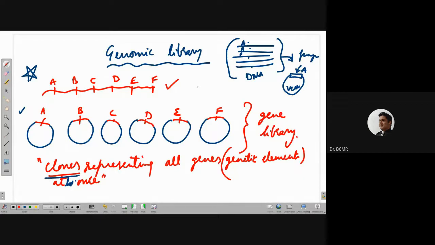Approximately, we have assumed 6 genetic elements. The minimum that is required is 6. Okay? Assume that each of them is, say, 2 kb. I'm just making up numbers so you can follow. Then the minimum required is 6 clones. That's the least possible. Because there are 6 genetic elements, you need at least 6 of them.